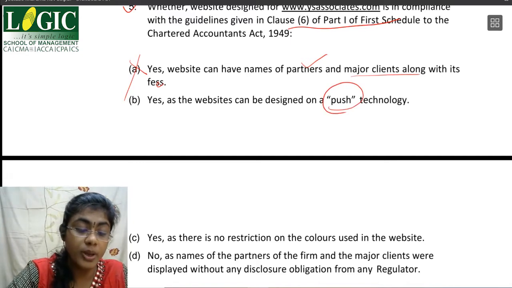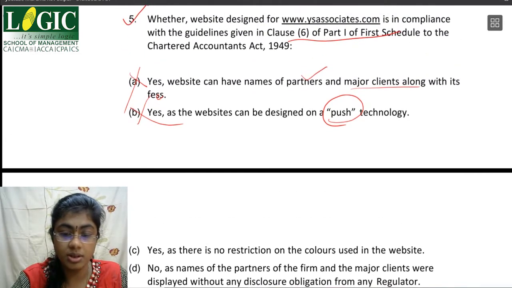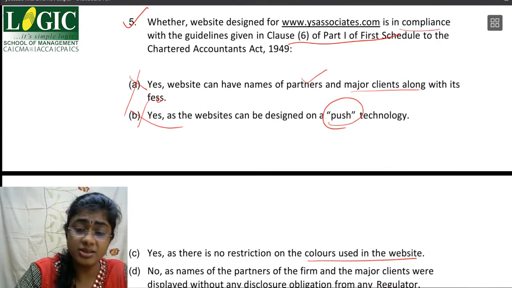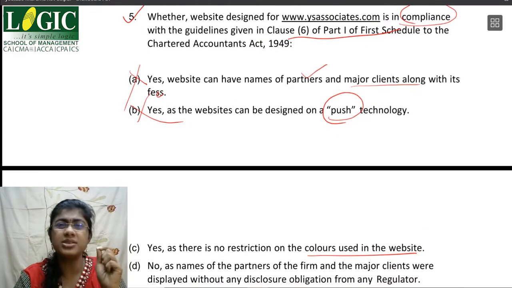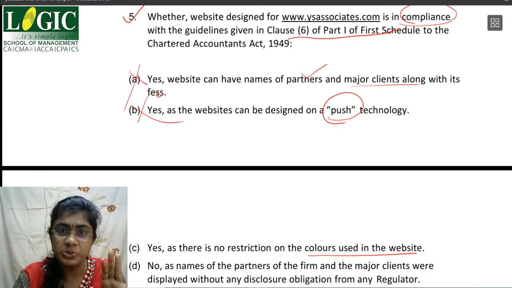No, it should be pull. Yes, there is no restriction on colors used in the website. See, colors used is right, but they are saying it is in compliance. Colors is okay, but is it compliance? No. Major client and push technology. So website is not in compliance.